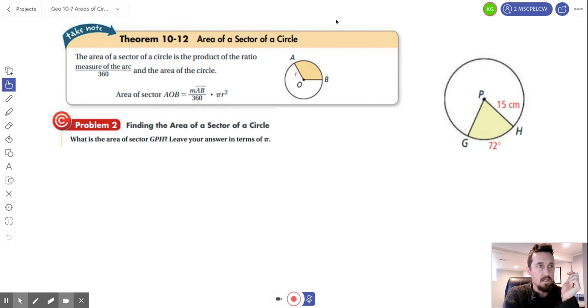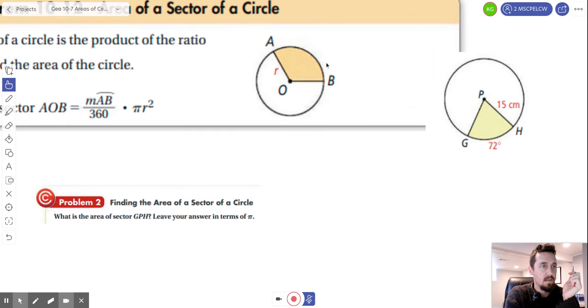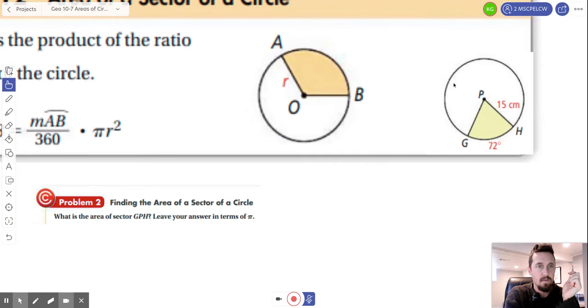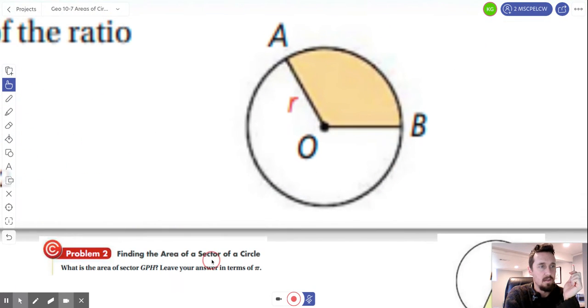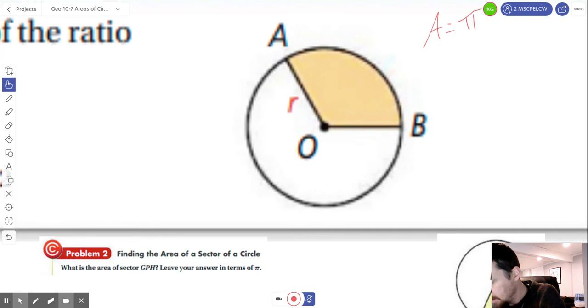Let me just zoom way in on this circle for a second. We're going to look at this circle, and we can find the area of the circle because we know area equals pi times the radius squared. But now we don't have the whole circle. We want to know what percent of the circle is formed by these two radii.